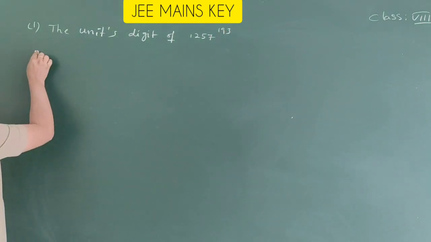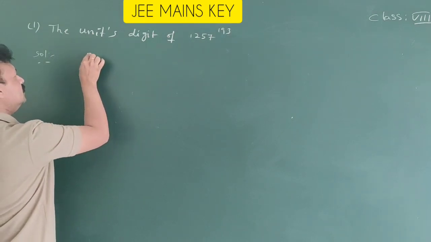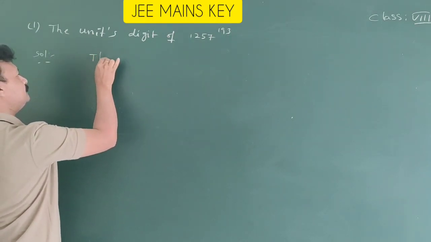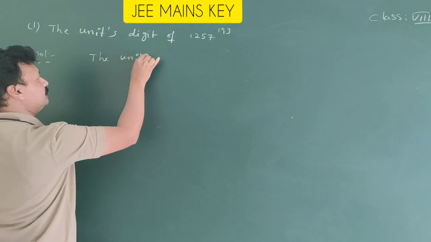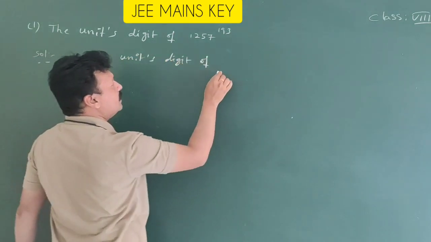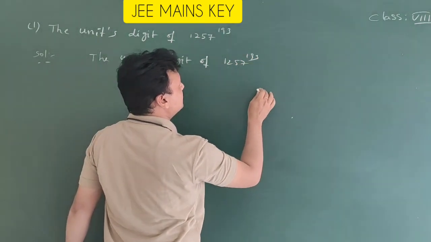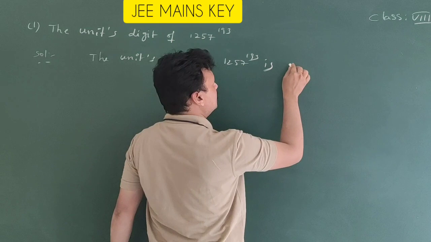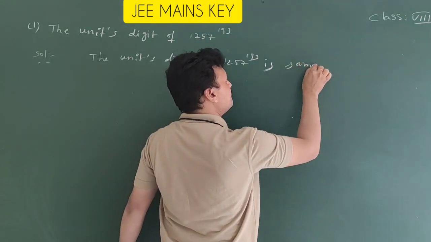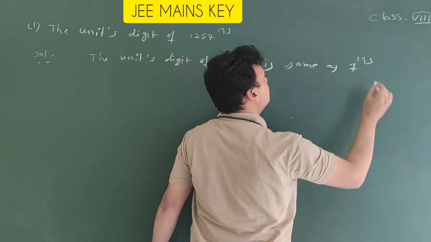The units digit of 1257 whole power 193 is the same as 7 power 193.